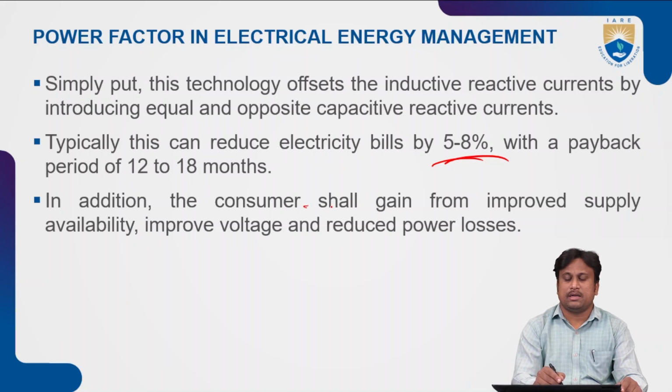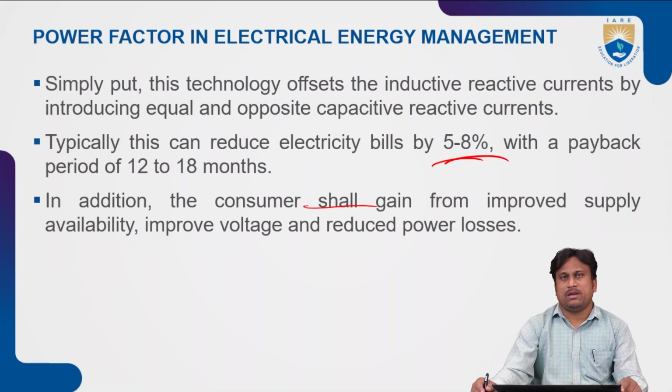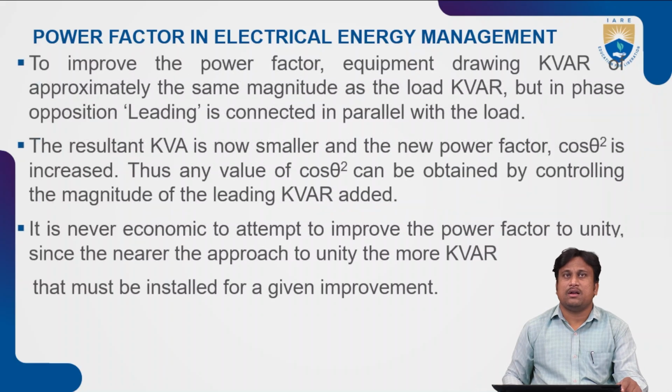In addition, the consumer gains from improved supply availability. That will improve the voltage, reducing the power loss, and healthy conditions are achieved from all these aspects. These are the key issues we are supposed to treat for power factor correction.